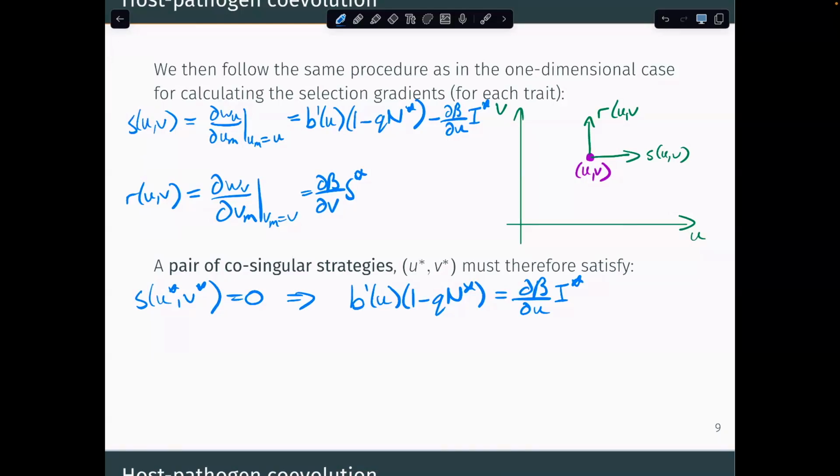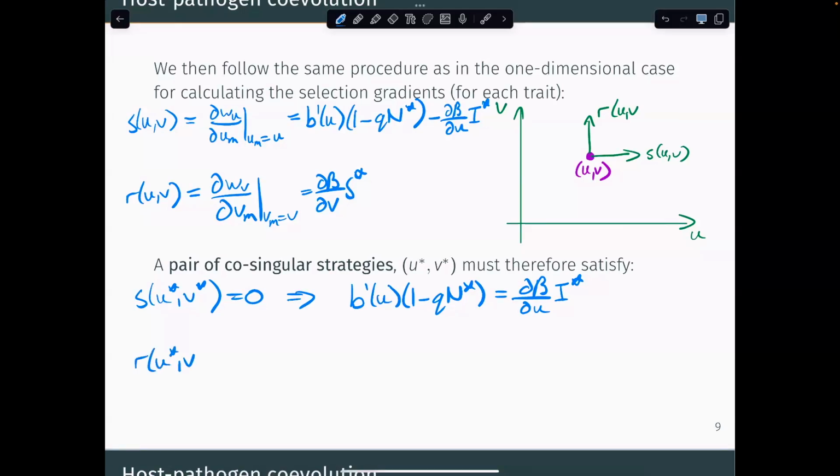So as U increases, your births might be going down, but how is your rate of infection changing? So there has to be, at a co-singular strategy, a balance between these two things, right? Something about your costs of resistance versus your benefits of resistance. That's all this is essentially saying. Costs are balancing benefits at a co-singular strategy.